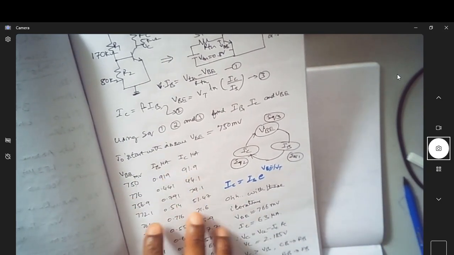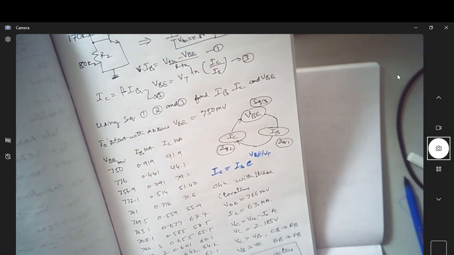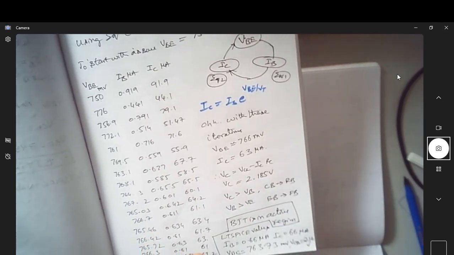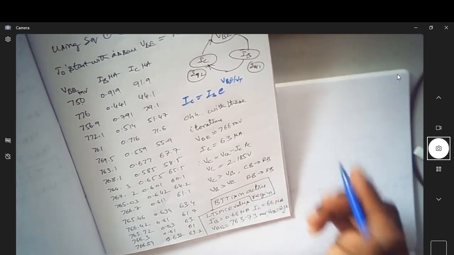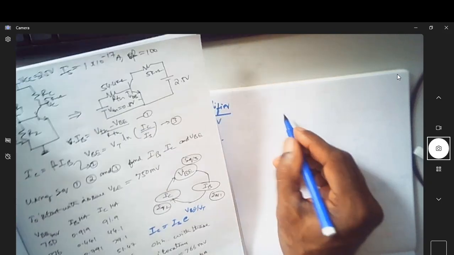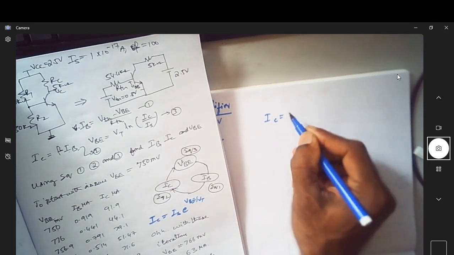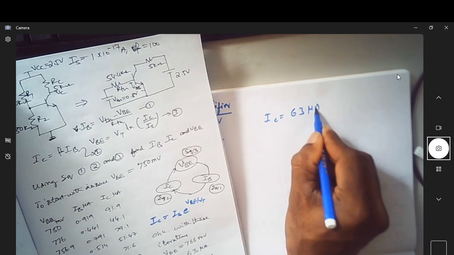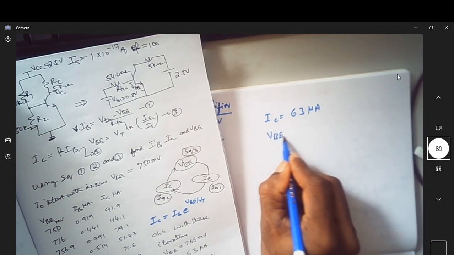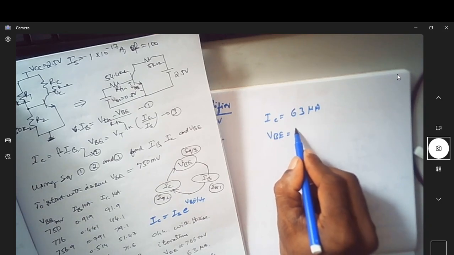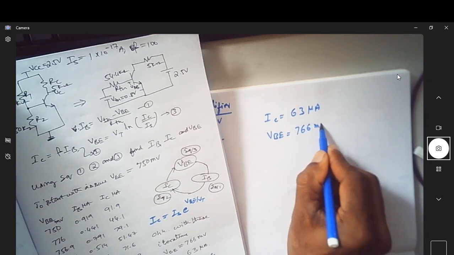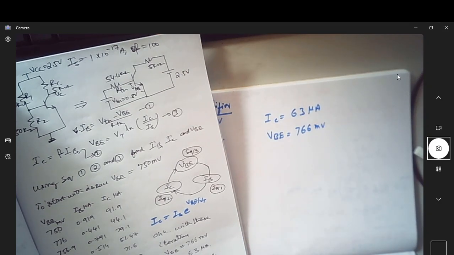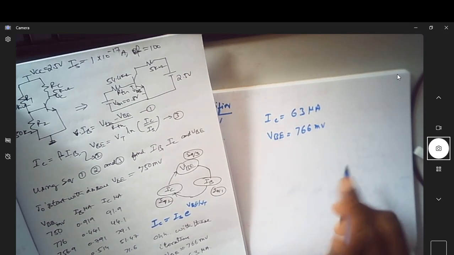To make the values of IC satisfy both equations, we did a number of iterations and could zero down on the value of IC as almost 63 microamperes, and the corresponding VBE is 766 millivolt.